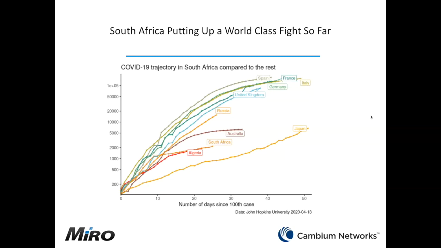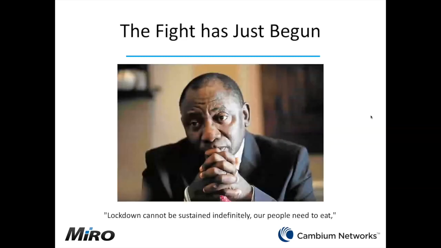Which has obviously produced a number of unique challenges in itself. But nonetheless, up to this point, yes, we do have a lot of pressure to open our economy, but I think South Africans have a lot to be proud of with regards to the way that we've handled this pandemic to this point.